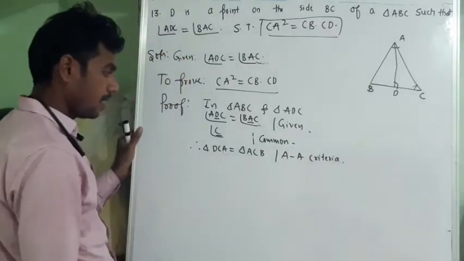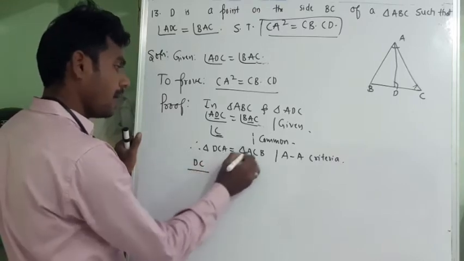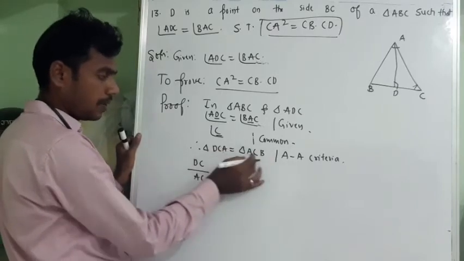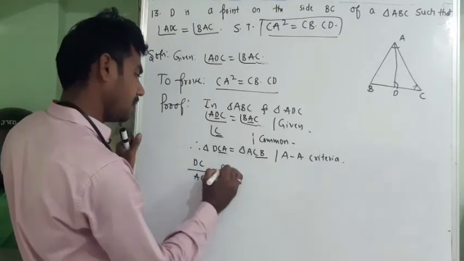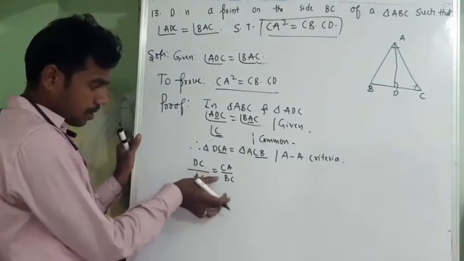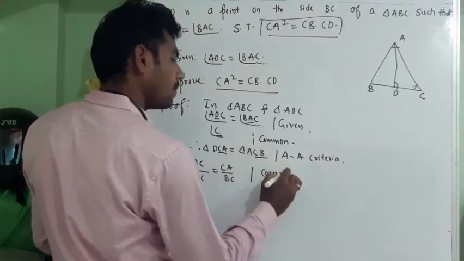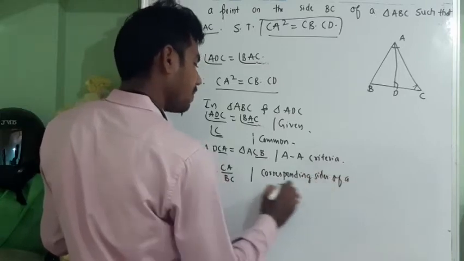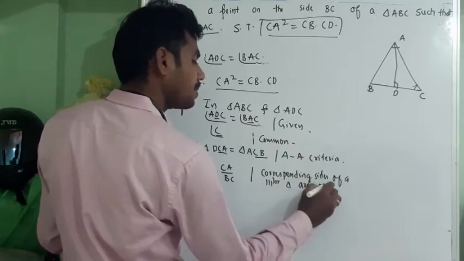So through this, what can I write now? DC by AC is equal to CA by BC. This is because corresponding sides of similar triangles are proportional.